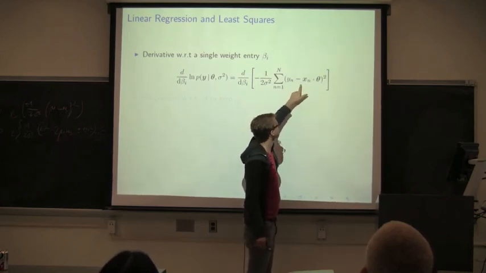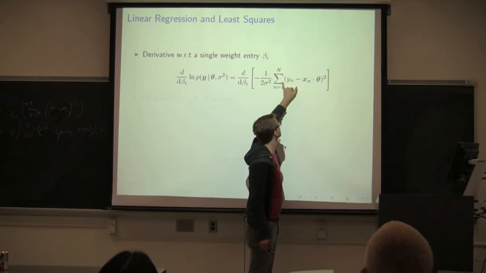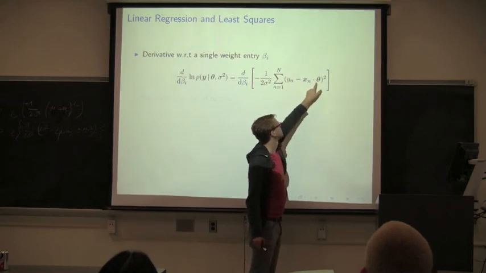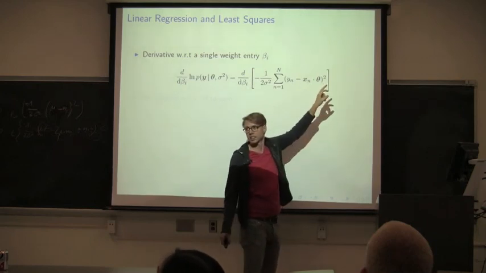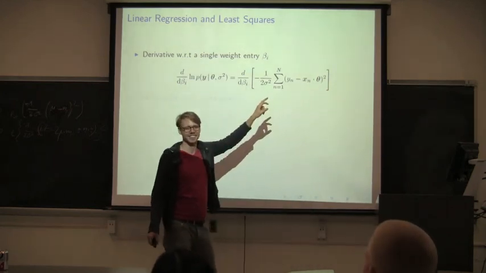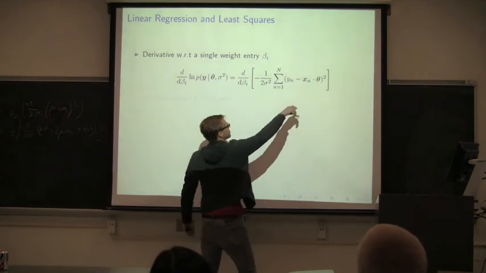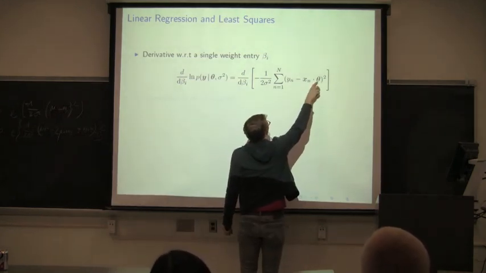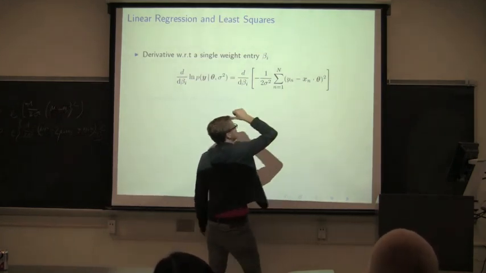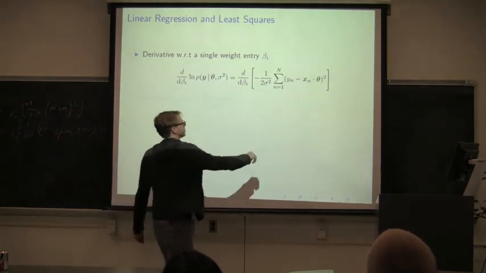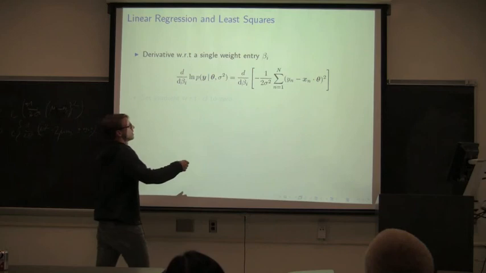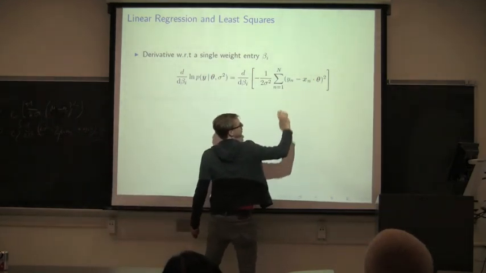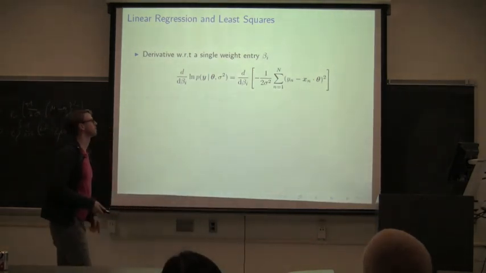And the derivative of this inner product, which is a sum over all the entries in our parameter and the corresponding x values, will just be that corresponding x value.